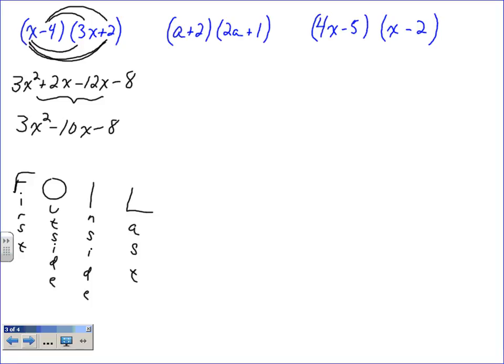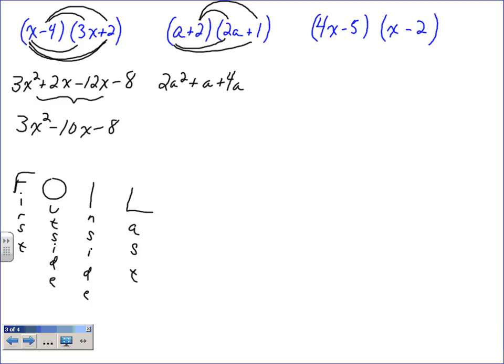Okay, well, let's take the next problem. a plus 2 times 2a plus 1. We could use the FOIL method, which is the same as the distributive property. The first terms together, a times 2a is 2a squared. And then the outside terms, a times 1 is a. 2 times 2a, 4a.